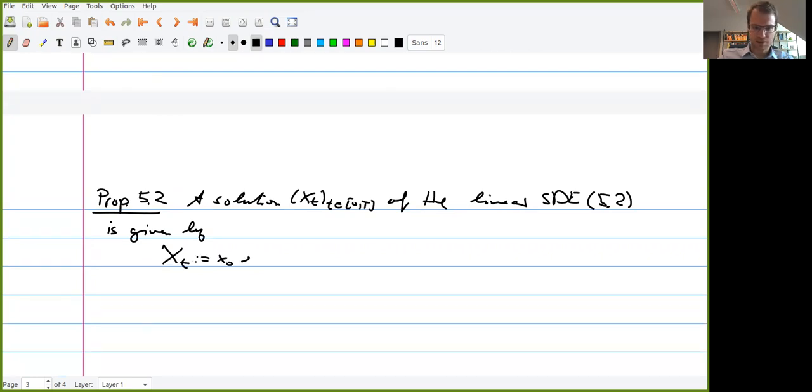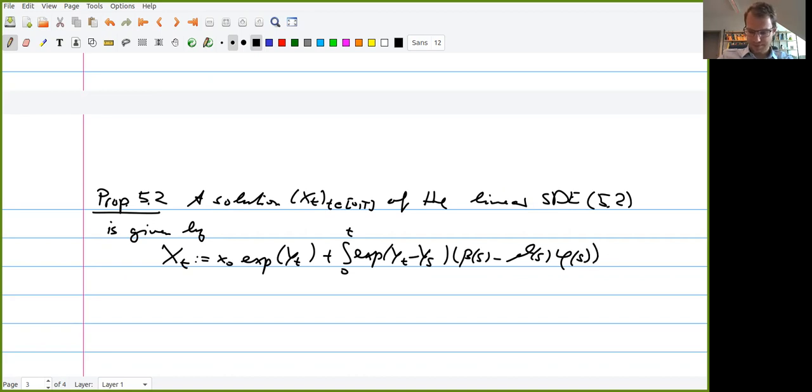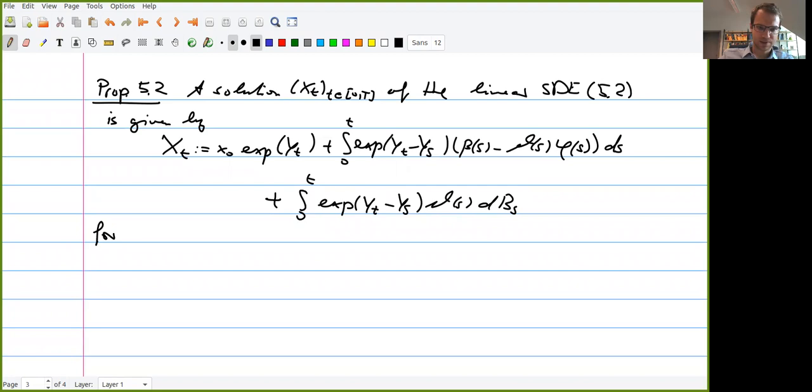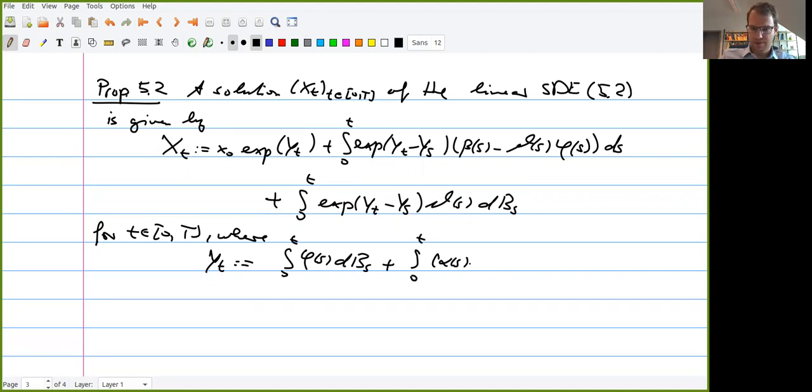You can define the process to be x0 multiplied with the exponential of Y_t, plus the integral of the exponential of Y_t minus Y_s times (beta_s minus phi_s theta_s) ds, plus the integral of the exponential of Y_t minus Y_s times theta_s dB_s. And I promised to tell you what Y is: Y_t is given by the integral of phi with respect to Brownian motion plus the integral of alpha minus one half phi squared.